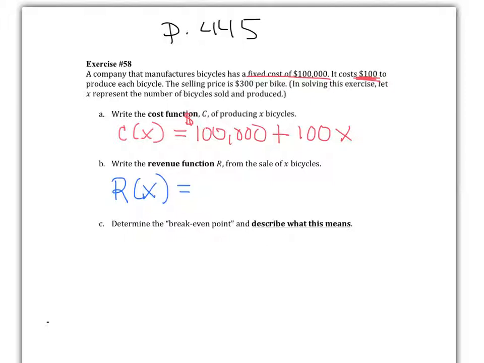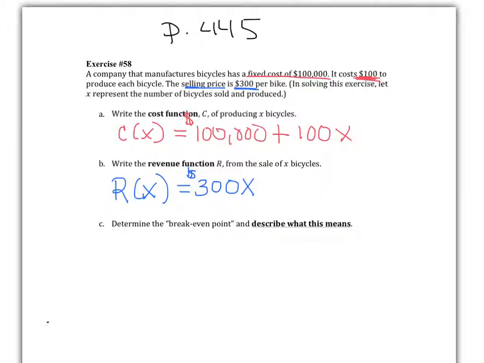The price per unit sold is $300 per bike, so that's $300 times X. Again, this is a linear function, y equals mx, and the plus b is really a 0, so we know it's going to go through the origin.